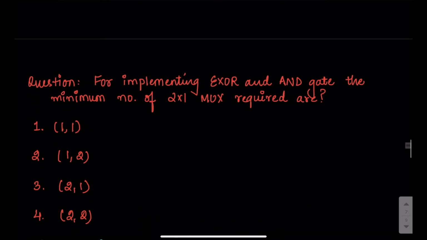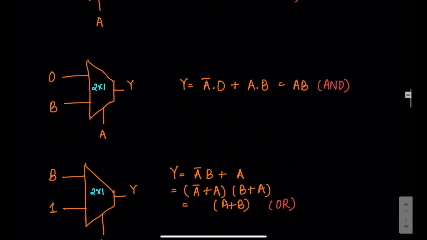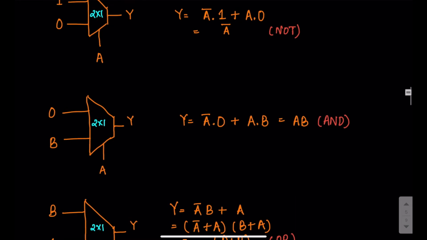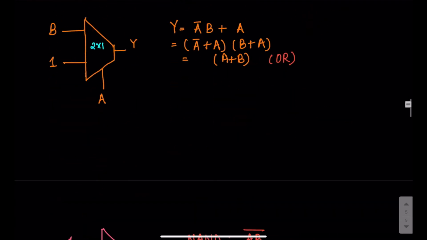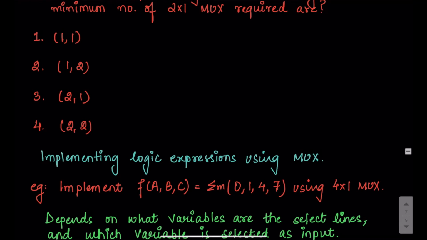We just decided. Let's move back. If you notice, for implementing the AND gate also we require only one 2x1 mux. So the answer to your question is you require one 2x1 mux for each. So hence the answer to this question is A. Let's move to the next thing.